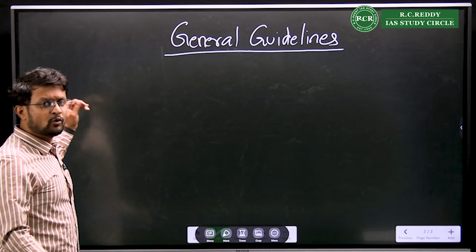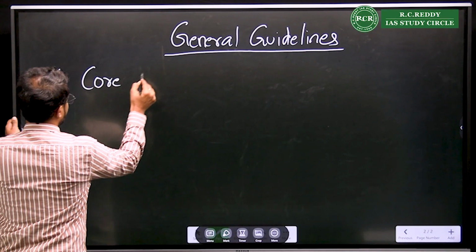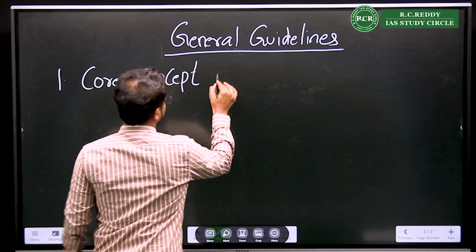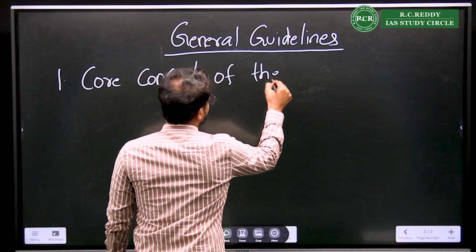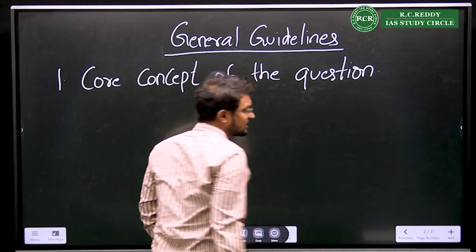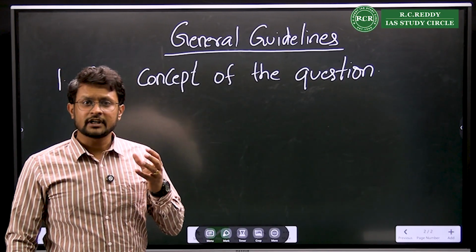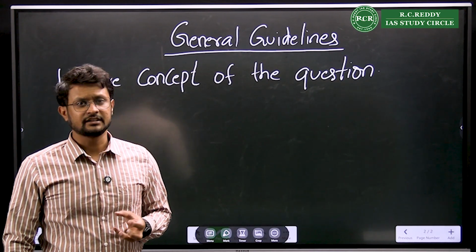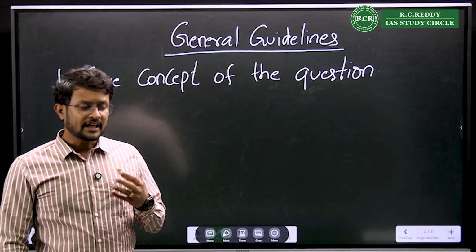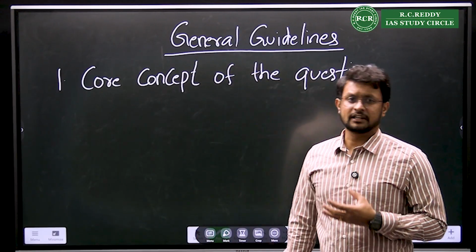The first and the most important guideline is identifying the core concept in the question. Because in 1A, the syllabus starts from political theory, theories of state, different concepts that are present in state like rights, power, etc. Then you move to a lot of important political philosophies and political thinkers.